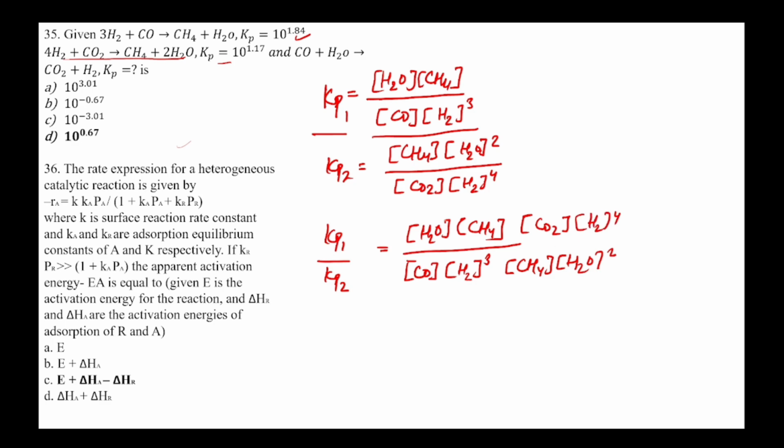So let's see what will cancel out. H2O remains, CH4 and CO, H2 will remain. So see, the third reaction is CO2 plus H2 upon CO and H2O. So divide both the things. What? 10 to the power minus 1.84 divided by 10 to the power 1.17. You will get this. Okay.